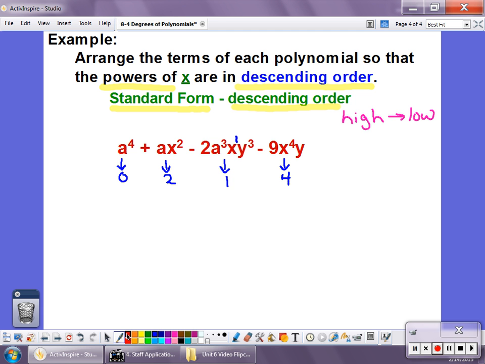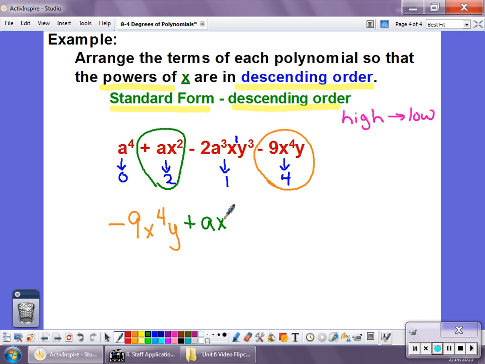All right, again, from highest to lowest now, my highest power of x is right here. So it's got a negative sign in front of it, so I'm going to keep that there. And I'm going to write this term just as it is. So 4 x's, I don't have any that say 3 x's, so my next lowest number right here is 2 x's. So a x squared. And then I see I have 1 x right here.